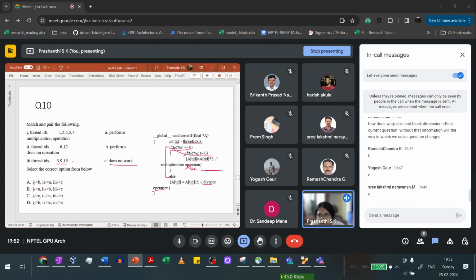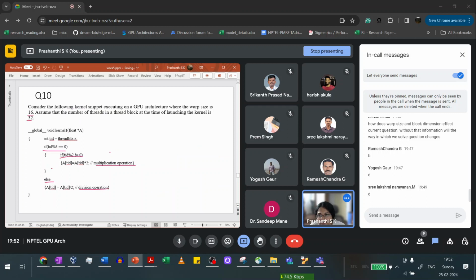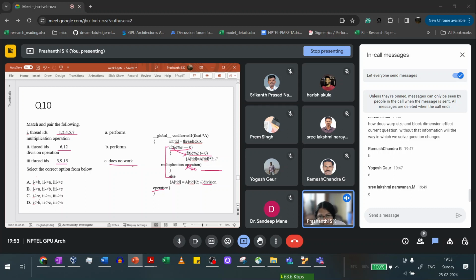So you may not be using it directly since you're already given certain thread IDs. But if you're asked what happens in warp 0 versus warp 1, you will probably need both the warp size as well as the threads in a block. Here we don't directly use it, so maybe it's just extra information.